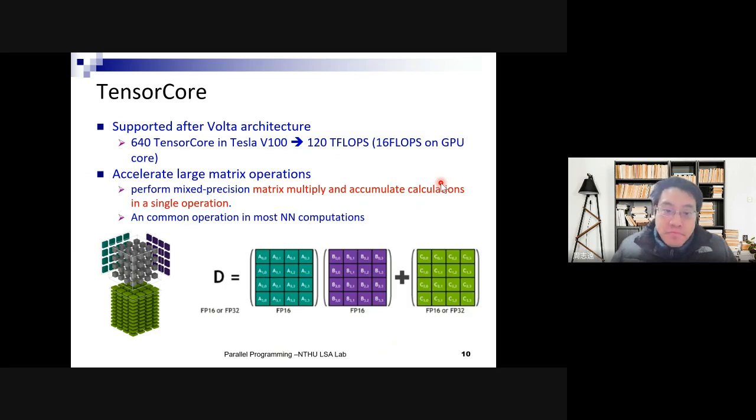But even GPU sometimes is not enough. If we want to obtain even more computing power, then sometimes we have to look for some more advanced or different computing architecture. The Tensor Core is an example of that.